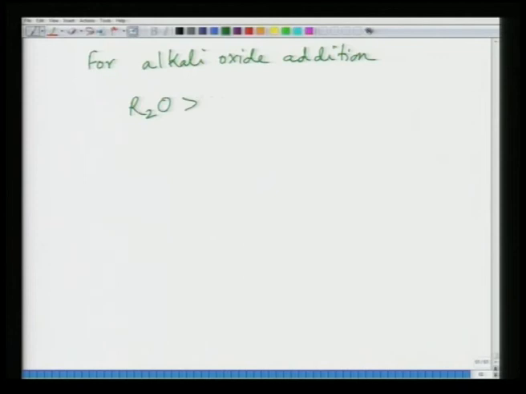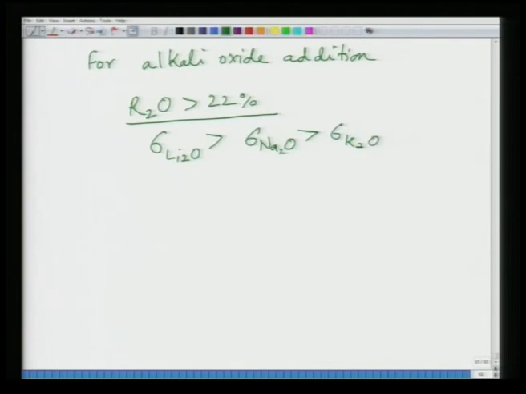So, R2O greater than 22%, the highest conductivity sigma Li2O. Now, sigma Li2O means conductivity of glass upon addition of Li2O is larger than Na2O, which is larger than K2O.